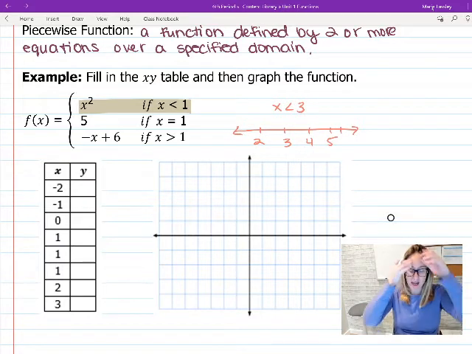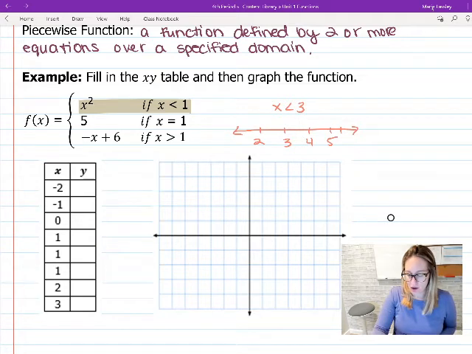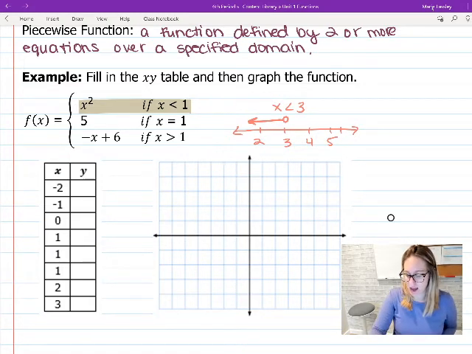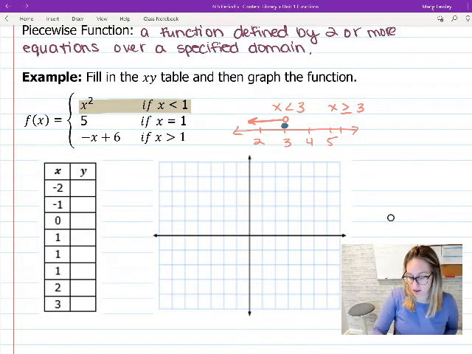If you wanted x is less than 3, you would go to 3 and use an open dot because it's less than, and then your arrow would go this direction. And then if you had x is greater than or equal to 3, you would graph it like this. You would go to 3 and do a closed dot because it's equal to, and then you would do everything on this side because it's greater than.